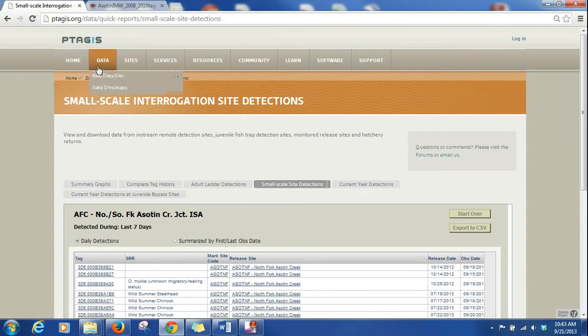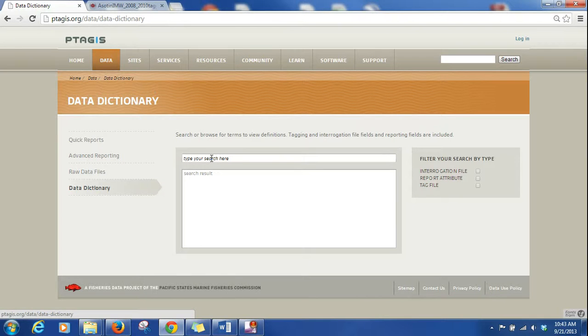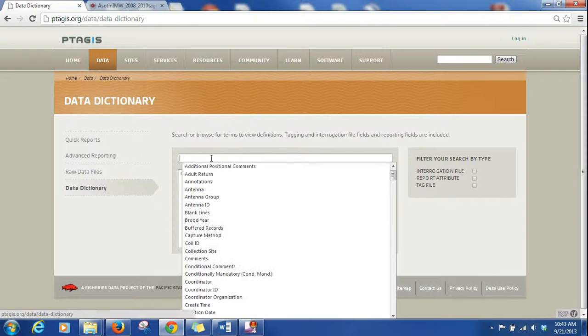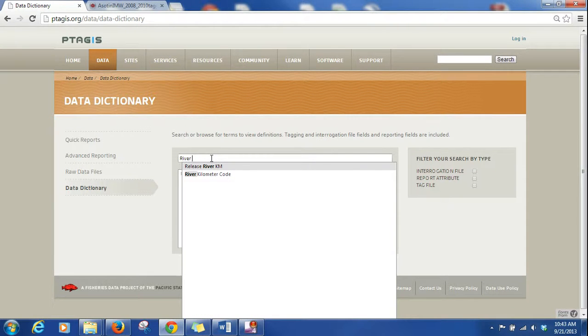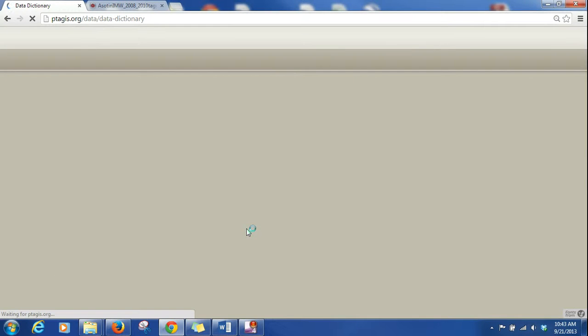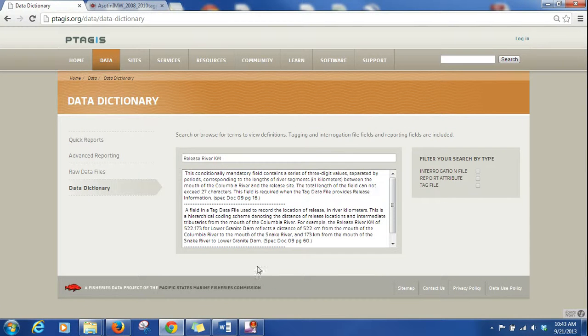I just want to make you aware of some other resources. If there's a term in PTAGIS that you don't know, you can go to this data dictionary and type in a search such as, let's say, river kilometer. Release river kilometer. That's something that is unique to PTAGIS, and so if you don't know what that is, you can go here and look it up and read about it.